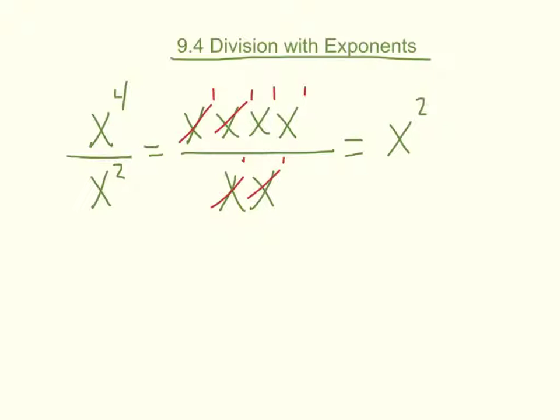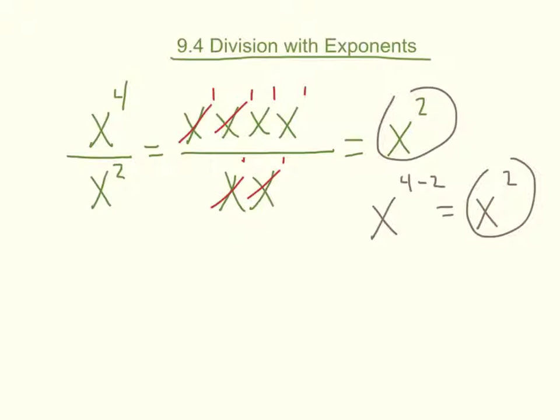In other words, wouldn't it make sense that we take the top minus the bottom, the 4 minus the 2, to give us x squared? And in fact, that's exactly what we have.